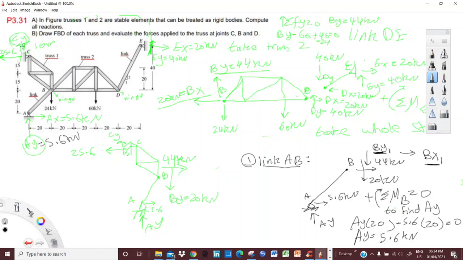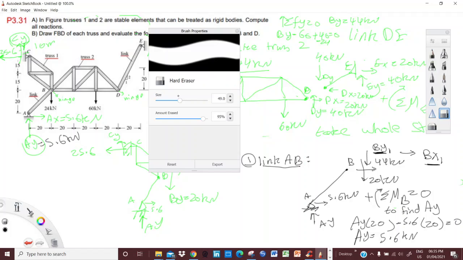Can we find Cy? Yes, by taking the whole structure right now. So we don't need to go to the other link. Take the whole structure as one. Let's take the whole structure as one piece.